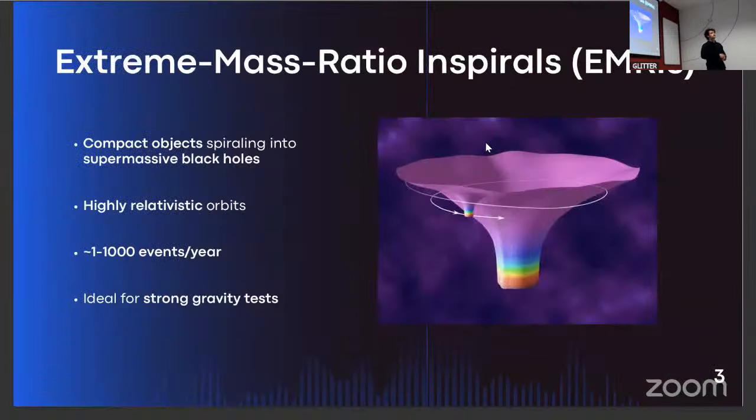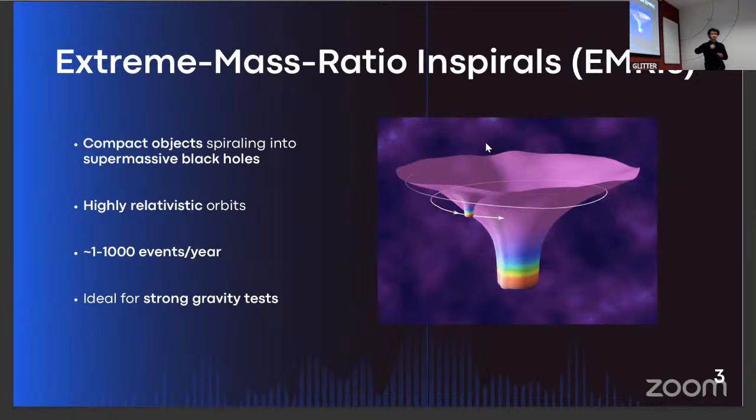So, among all the different sources LISA will be able to see for the first time, I'm interested in extreme mass ratio inspirals. These are basically compact objects, typically a stellar mass black hole or neutron star, that get captured by a supermassive black hole in the center of galaxies. And these compact objects travel very fast, at relativistic speeds, and very close to the event horizon.